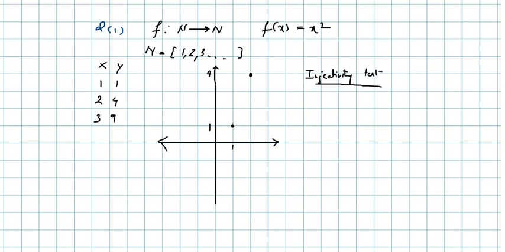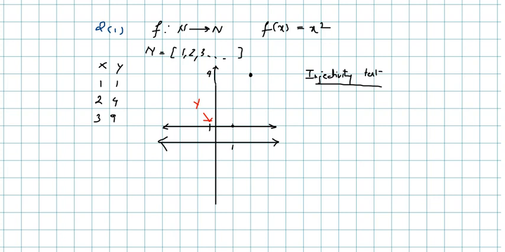If I draw a straight line through 1, what do we see? For x equals 1, there is a corresponding value y, an image. What about 2? 2 also has one.